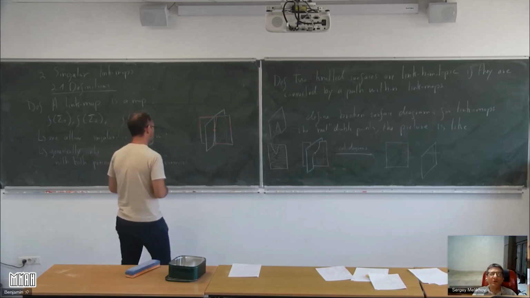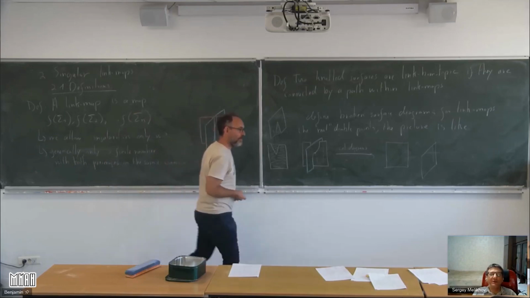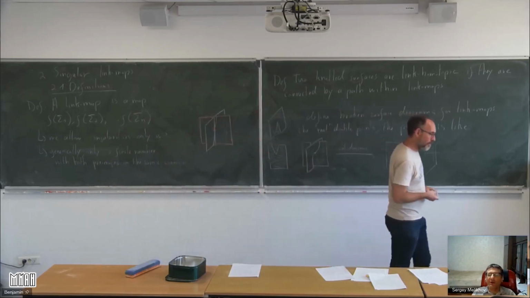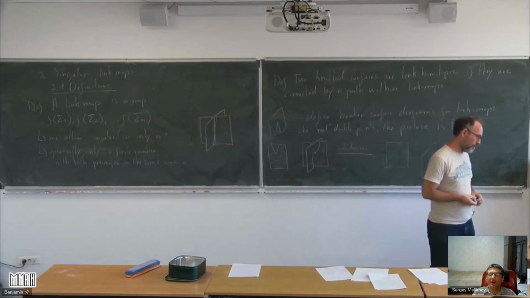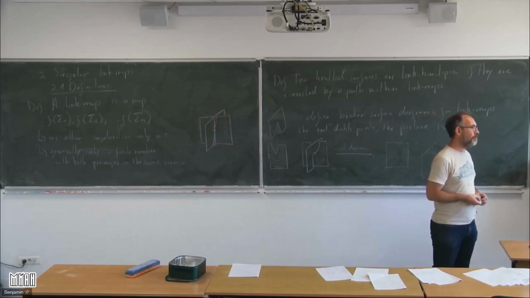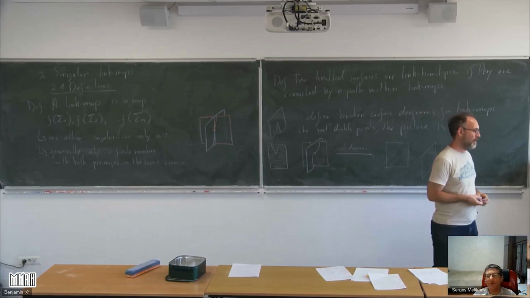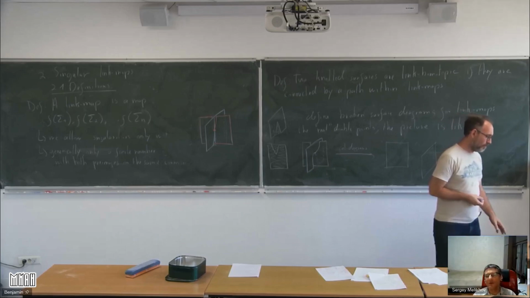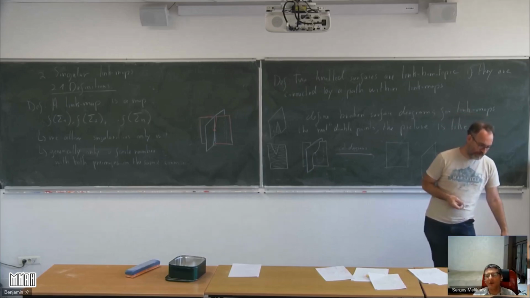So another possibility would be not to place this double point in the plane of the projection, so that it would look differently. What do you mean? So you have this information about over and under. Ah, okay.